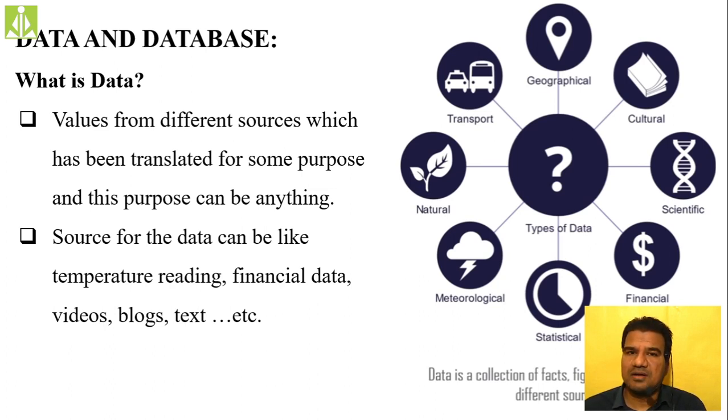Then financial: we have markets, shares, debentures. The value of a company going up or down, all these records we maintain, that is your financial data. Statistics, mathematics, meteorology, nature, transport, all these are different sources for your data.